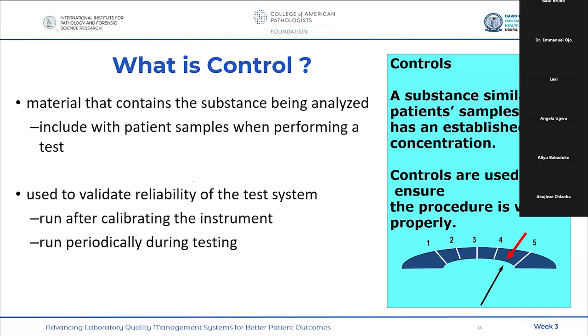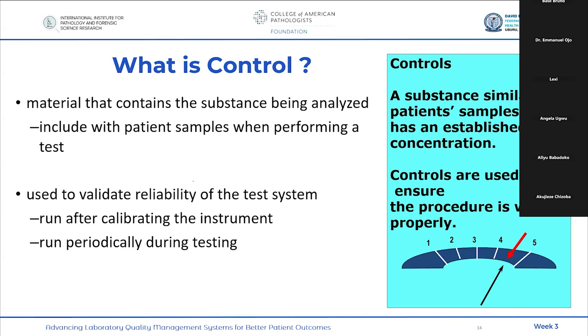So QC is used to validate the reliability of the test system. That's what I just explained. And it's also run after calibrating the instruments to be sure that the calibration has passed. And then, of course, it's run periodically during testing.